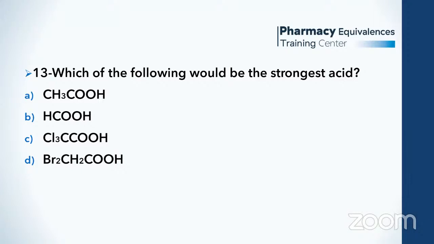Firstly, we have some groups called electron donating groups. What is their effect on acidity, decreasing or increasing? Electron donating groups will decrease acidity.